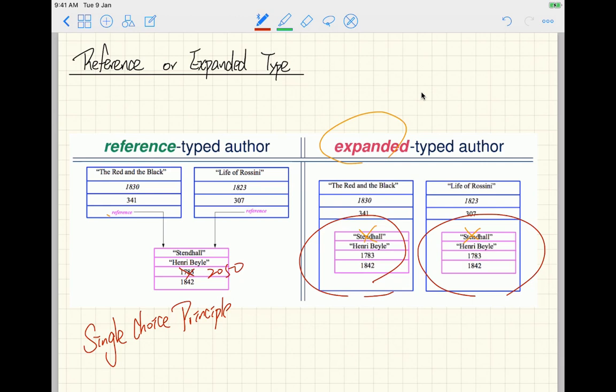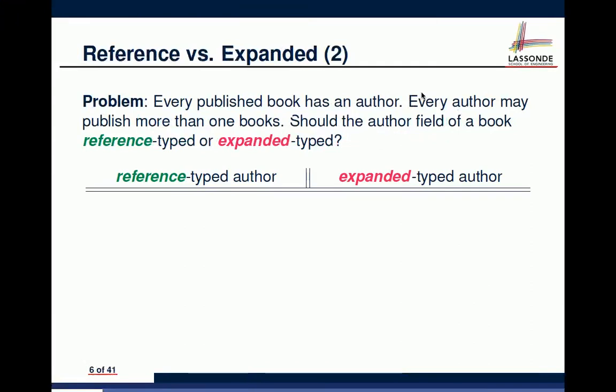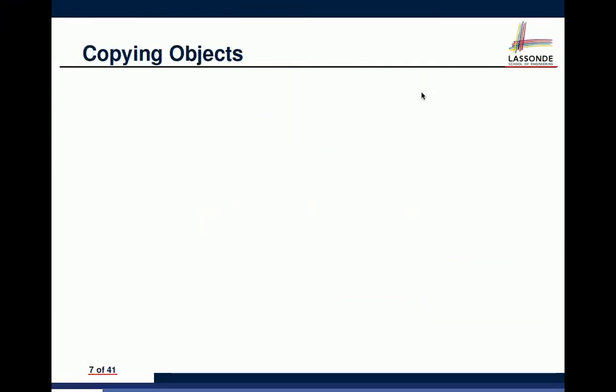But that one doesn't satisfy the single choice principle, because I need to modify here, and also here as well. Single choice principle, we'll revisit many times, so I just want to give you first exposure to it.